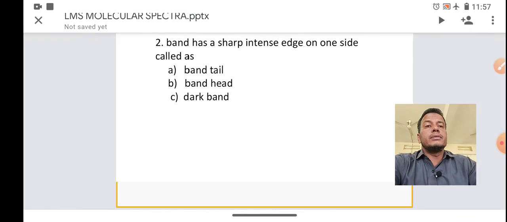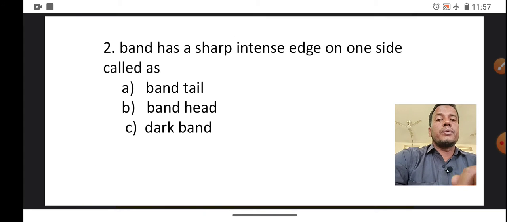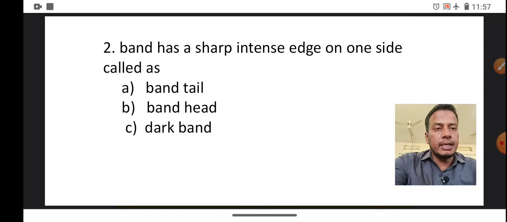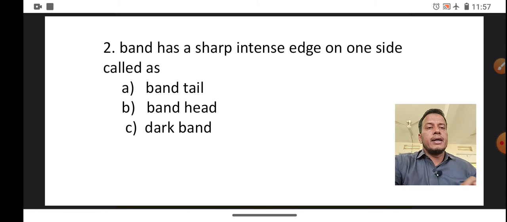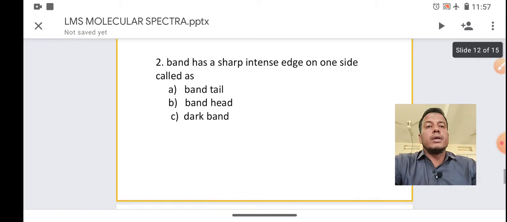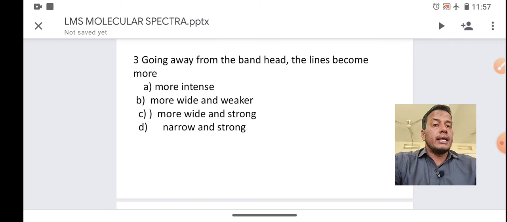A band has a sharp edge on one side. That sharp intense edge is called the band head. The intensity goes on decreasing, and that is called the band tail. As we go away from the band head, how do the lines appear?